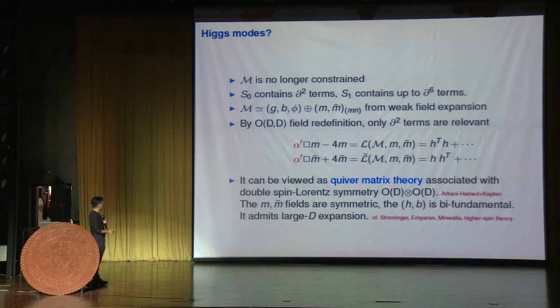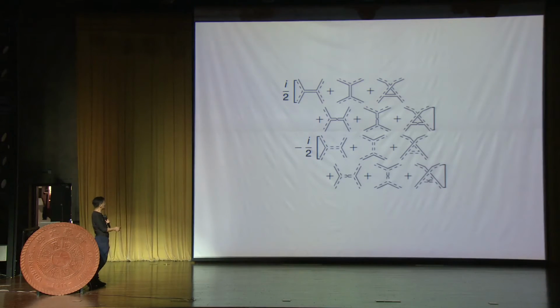Furthermore, there's a side remark. This is a very interesting model in the sense that I have O(D,D), the T-duality symmetry, which I can decompose into O(D) times O(D). And all these fields can be viewed as an equivalent matrix theory. For example, this M is a symmetric matrix, in the representation of the first O(D) and the second one, and H is just the fundamental. Some similar structure was observed some time ago by Arkani-Hamed and Kaplan. Because of this structure, in fact, every diagram can be written in terms of large N gauge theoretic diagrams, except that this is an unoriented diagram.